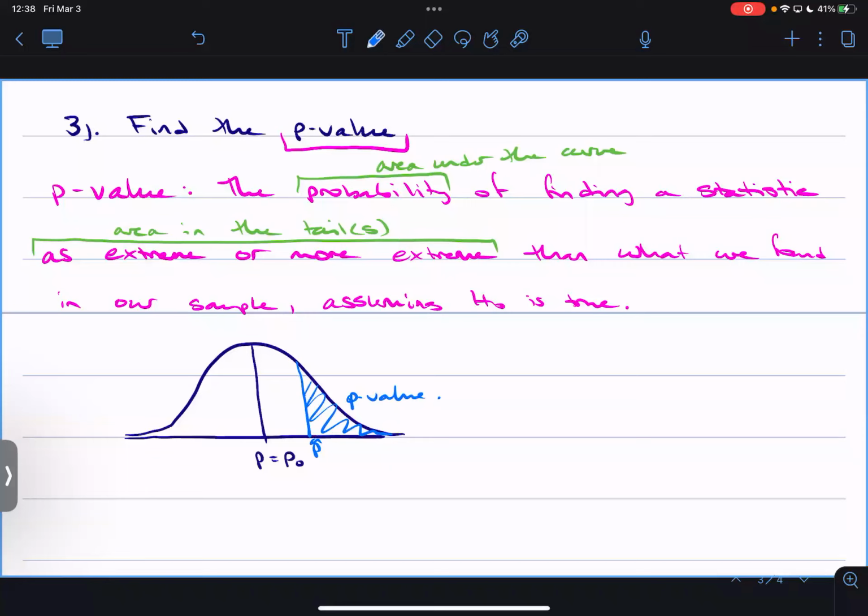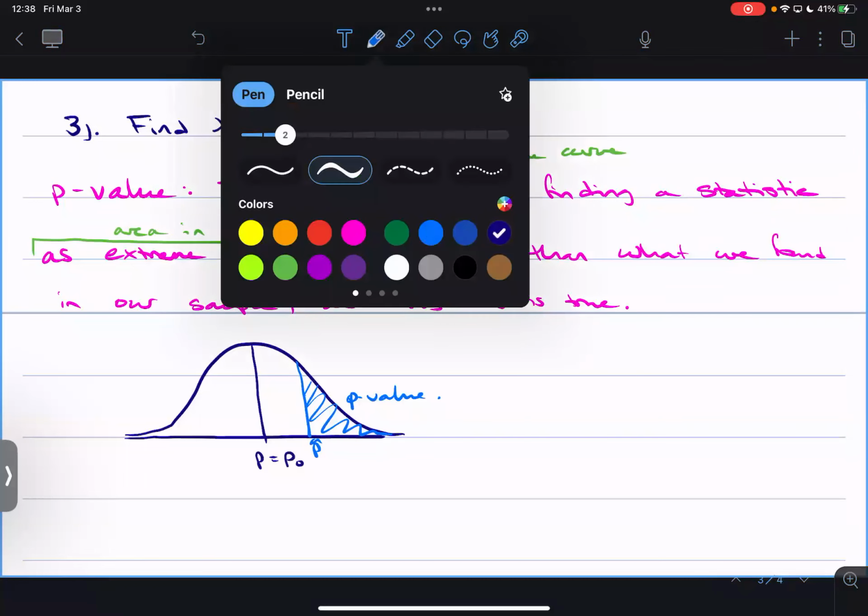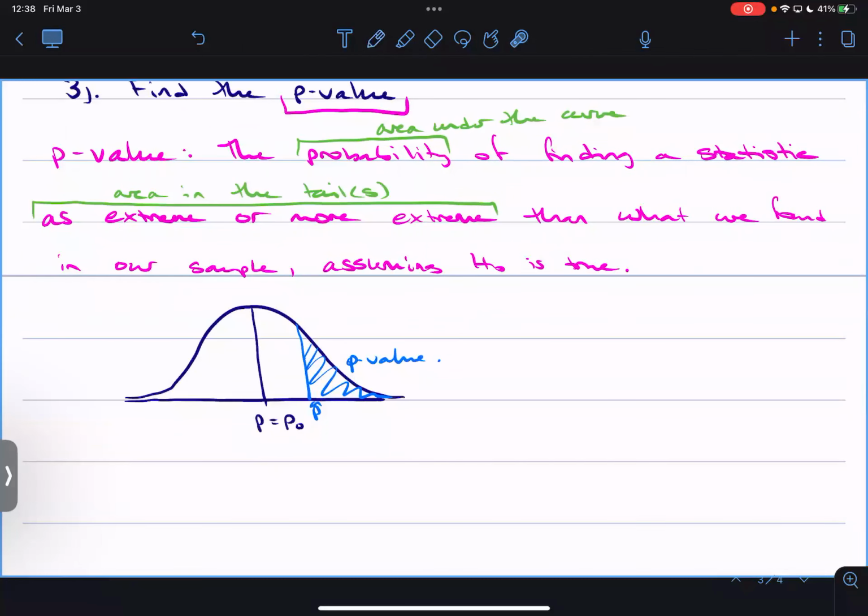But we know how to find these areas. And so what would you have to do? You would first need to calculate your z score, which conveniently is step 2. You're going to have your z, and then you use it to find the area in the tails, potentially. Okay.